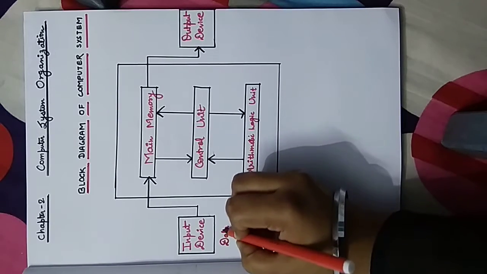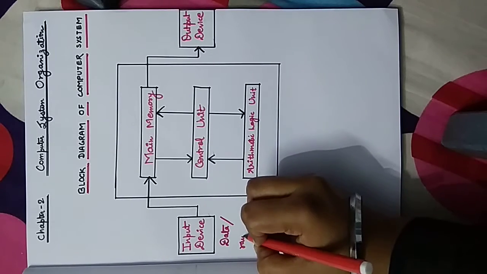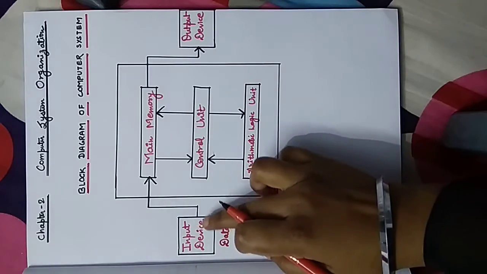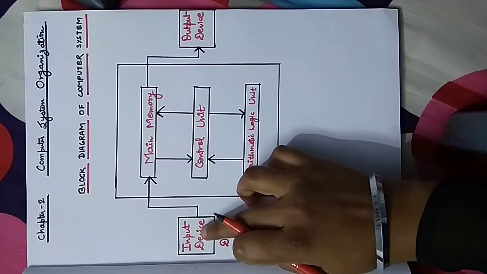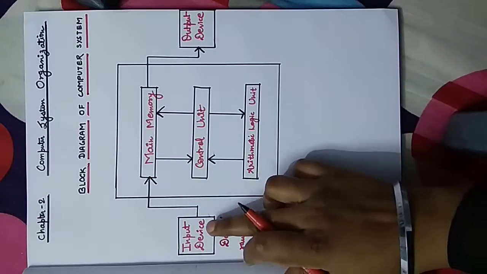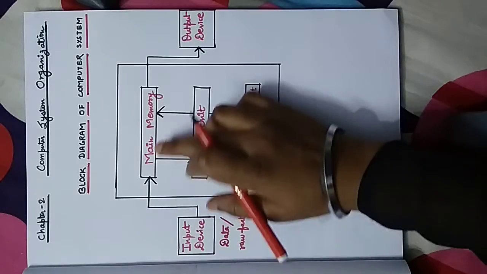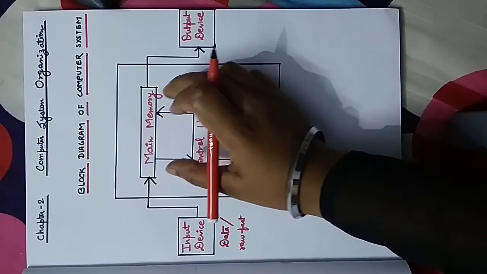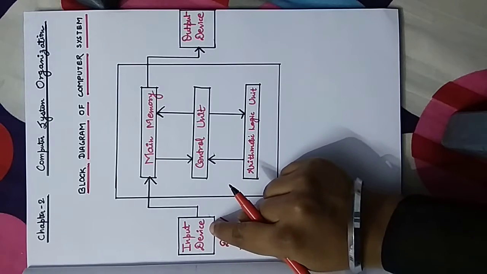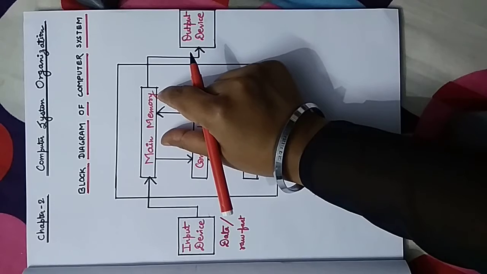This is shown here: the input device goes to main memory. That means the data input through the input device is temporarily stored in main memory.